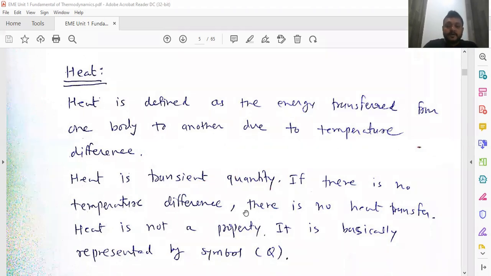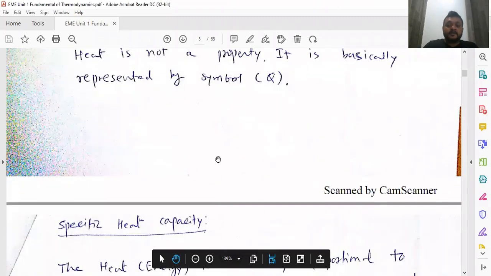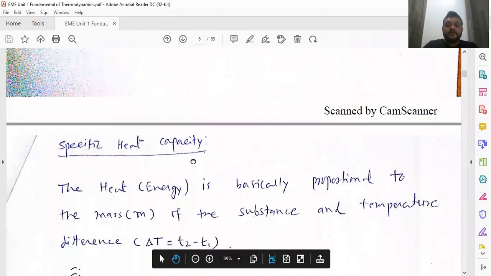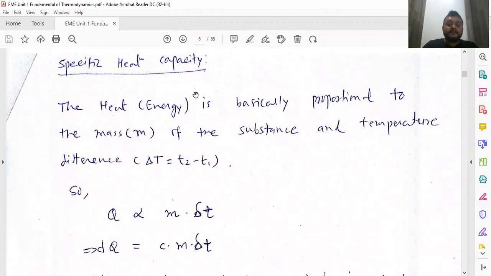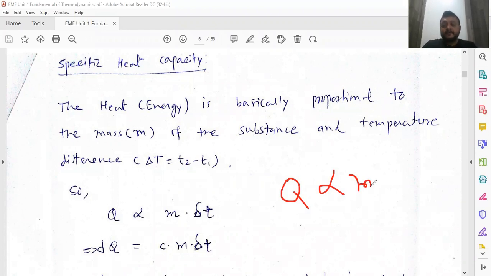Now, how exactly do we understand heat? For easy understanding of heat, recall the specific heat capacity. That is one of the important thermodynamic parameters. Here the heat energy is basically proportional to the mass of the substance. Suppose you have to apply heat to any body, then heat is directly proportional to the mass of that substance. Suppose you have to boil 1 kg of water or milk, then you need more energy.